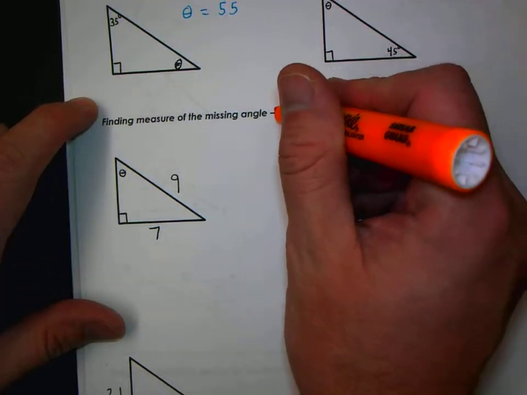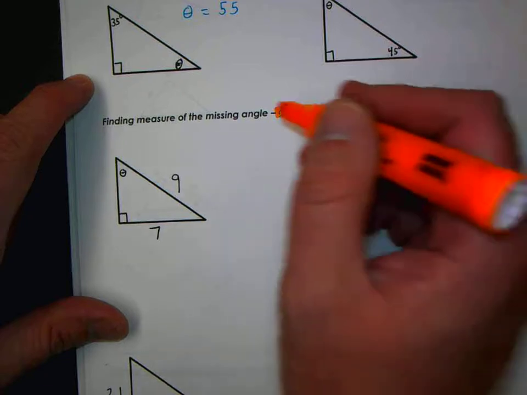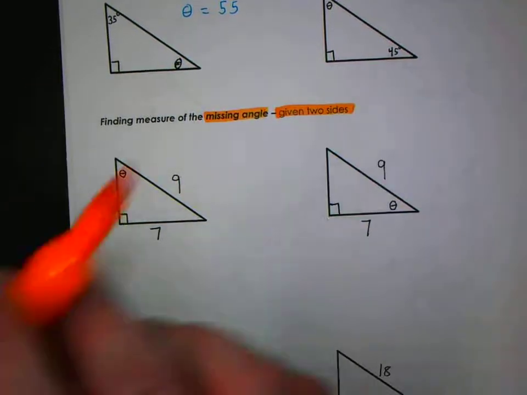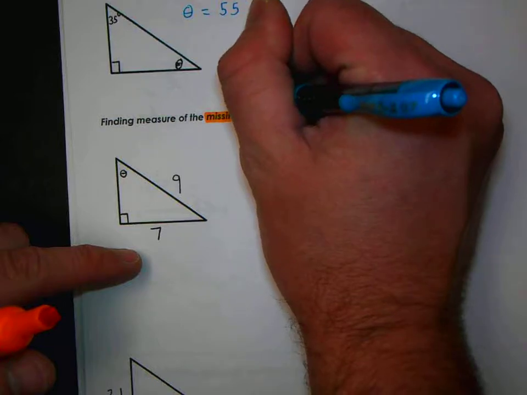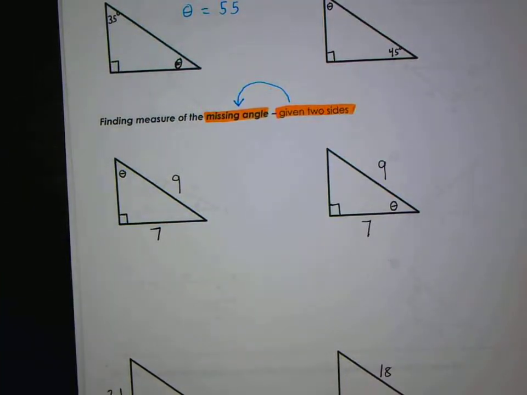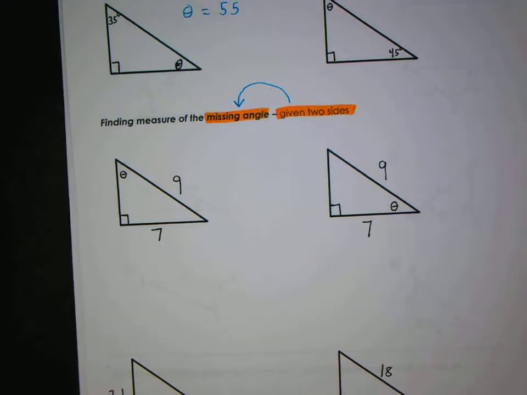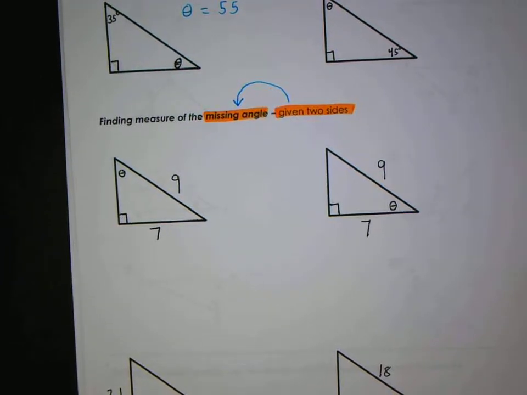So if you're given 2 sides and you're trying to find an angle, you're starting with this, working your way to that. Okay.